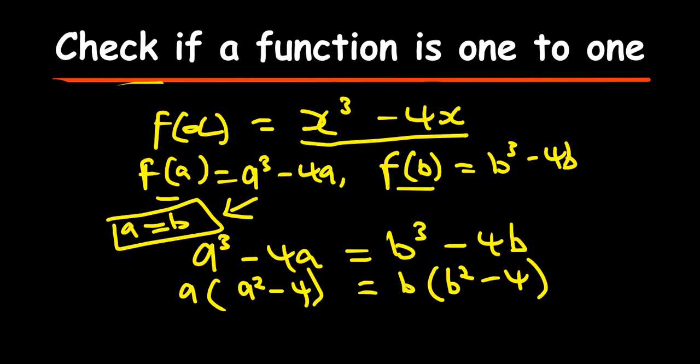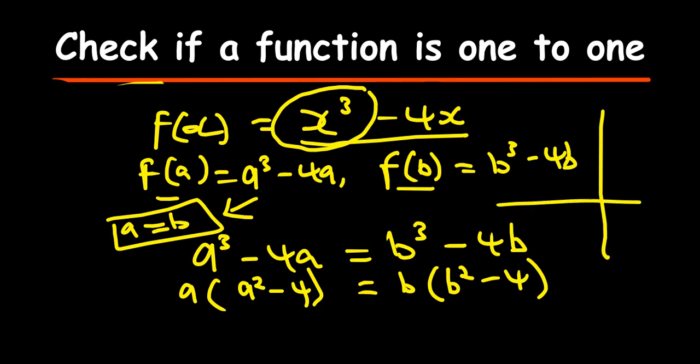Because this one has a power 3 somewhere there. In general, if you have a power 3 and then you have x somewhere there, it means you can have something like this. When you look at this one here, the horizontal line will come like that. You see that it touches this curve at more than one point, so it's not a one-to-one function.